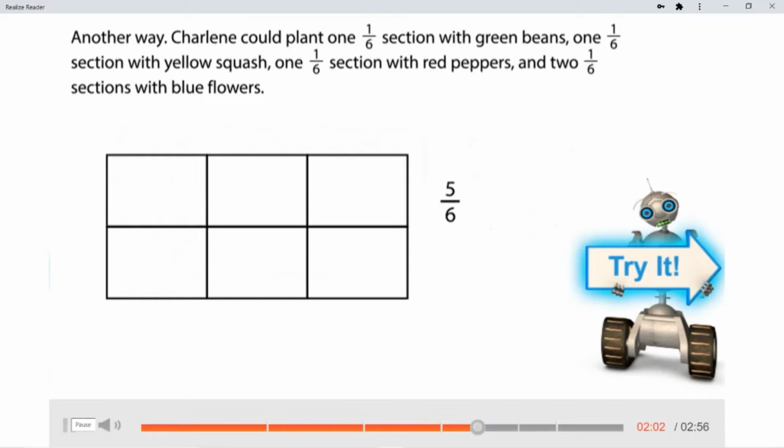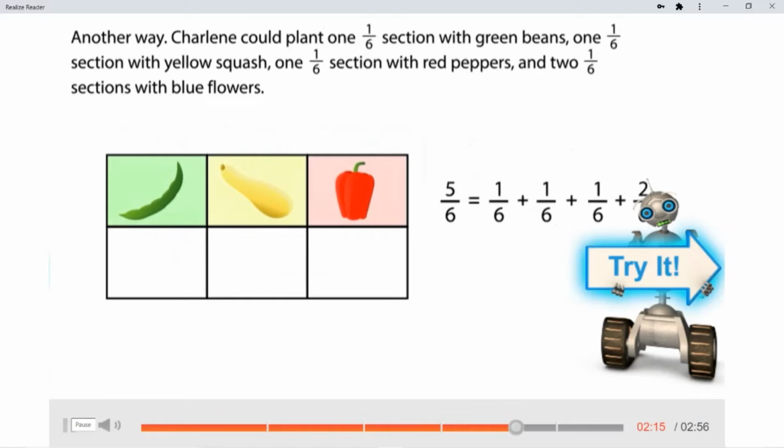Another way, Charlene could plant 1 1/6 section with green beans, 1 1/6 section with yellow squash, 1 1/6 section with red peppers, and 2 1/6 sections with blue flowers.